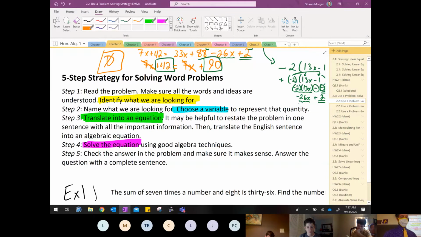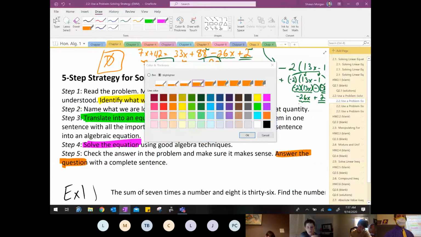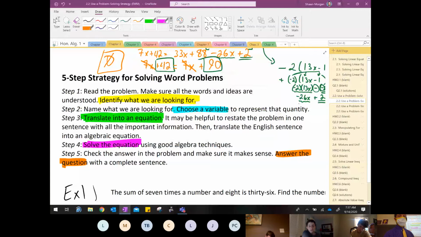Answer the question. Because if I ask, how long does it take Jack to paint the fence? And you tell me how long it takes Alex to paint the fence, you have not answered my question.